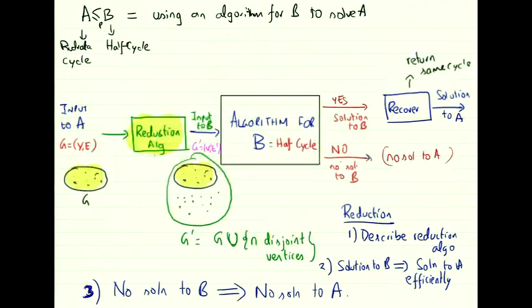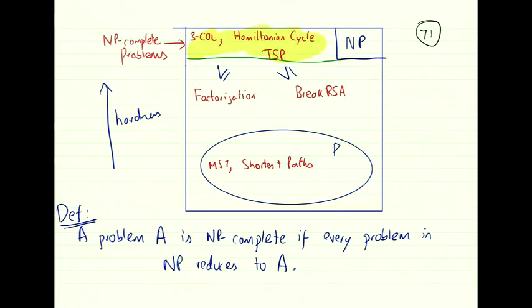So that's reductions. And once we have reductions, we can now start reducing between problems within NP. We can look at the various problems in NP and start constructing reductions between them. And it turns out that something neat happens: there's a class of problems called NP complete problems, which I've shaded in yellow there. These are problems like three coloring, Hamiltonian cycle.